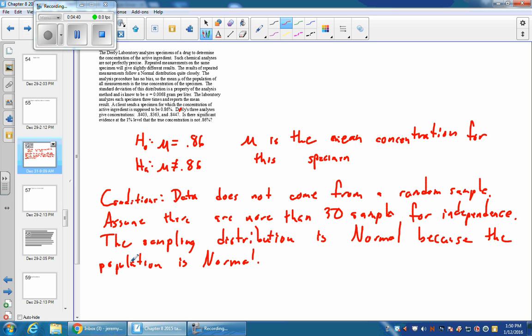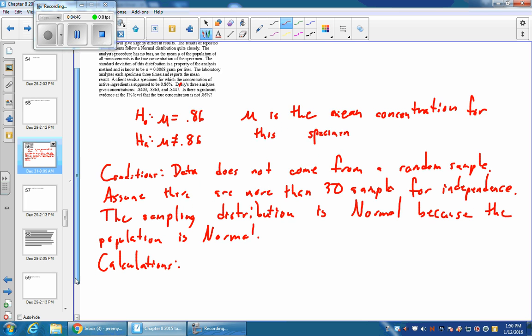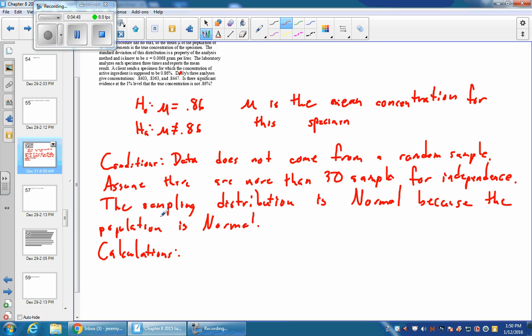All right, so now we get to the calculations. In our calculations, we wanted to find whether it's significant. Since it's on both sides, we have to check the bottom and the top. So we're going to have to multiply 2 times the probability that our x bar is either greater than or less than 0.86.